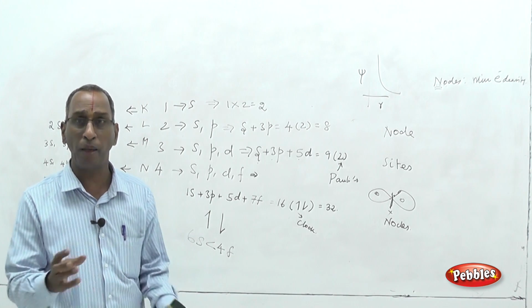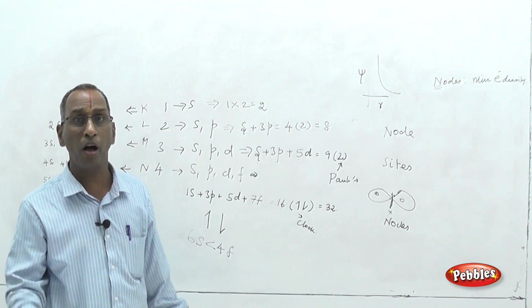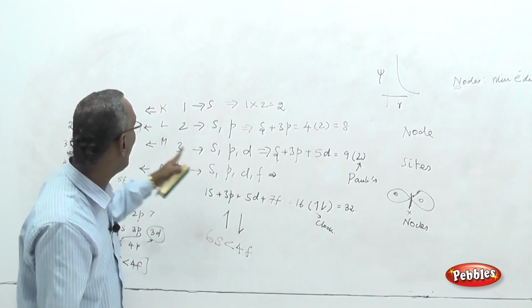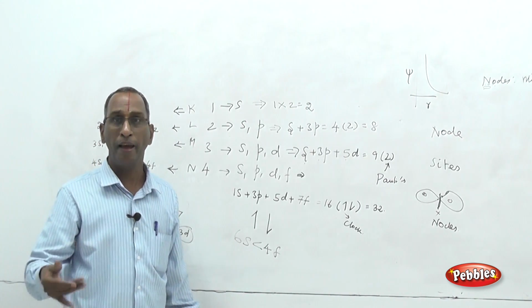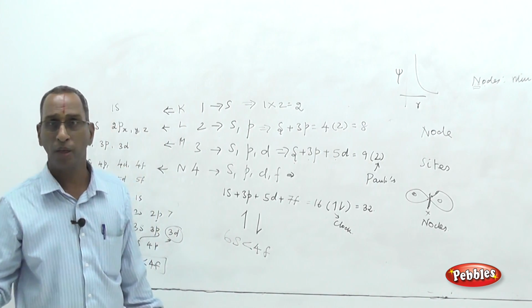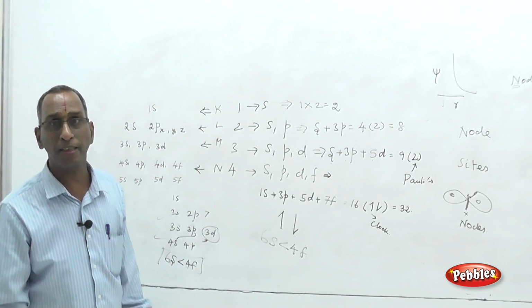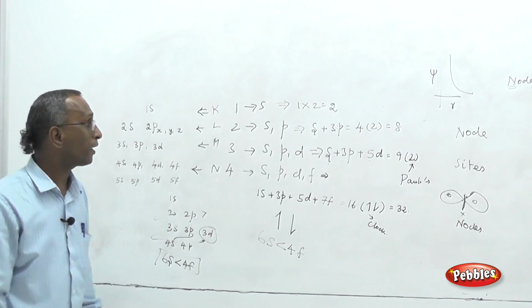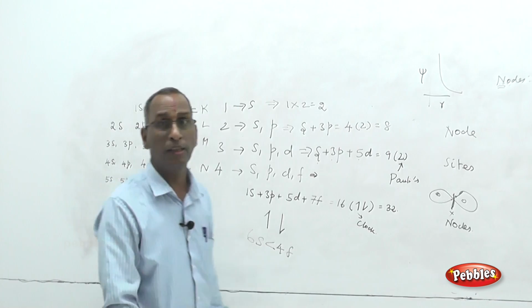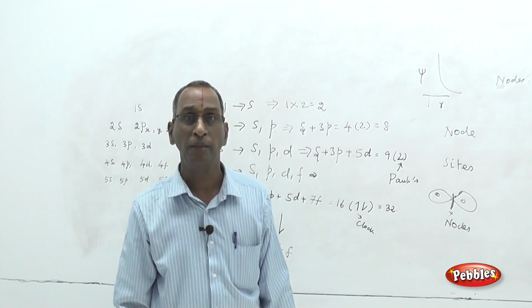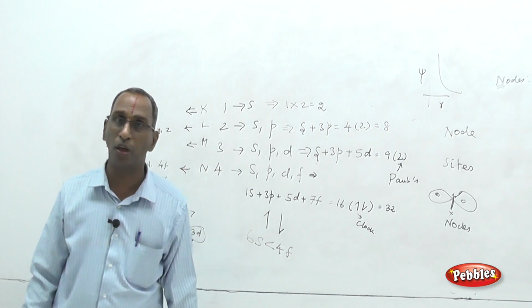This is of two types: radial nodes and angular nodes. Radial nodes and angular nodes are given in terms of quantum numbers, which we will work out in sums later. So at present you have to have a clear understanding of the electronic configuration in terms of shells, and subshells oriented in different directions according to the magnetic field, which is called the magnetic quantum number.